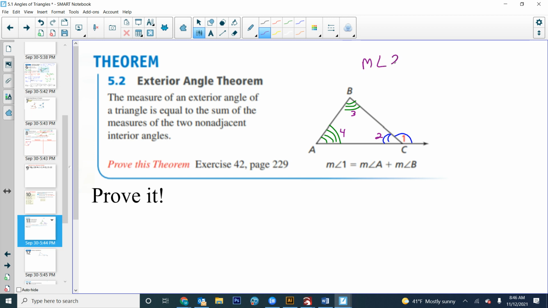Measure of angle 2 plus measure of angle 3 plus measure of angle 4 equals 180. We just proved that the interior angles add up to equal 180. We can assume it from now on because we just proved it.